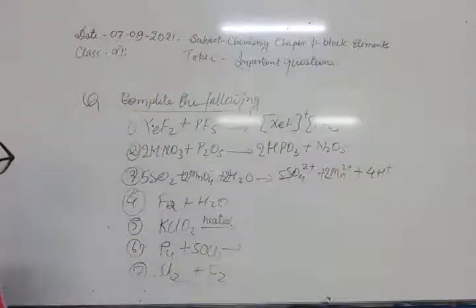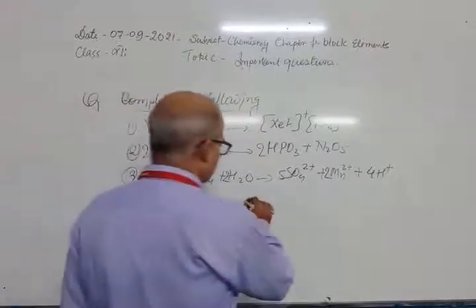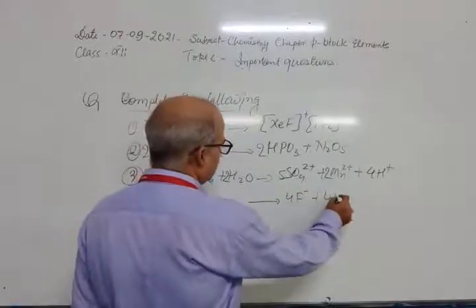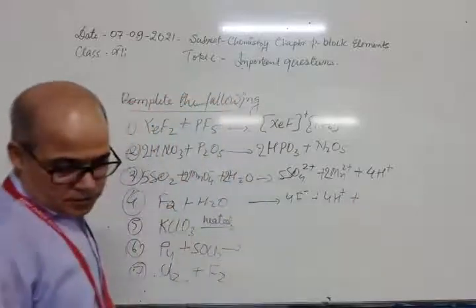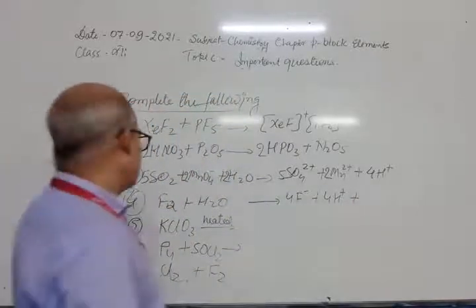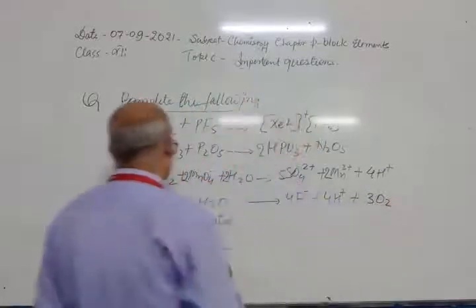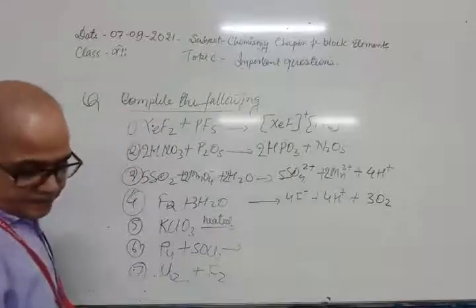Now reaction of F2 plus H2O. Here will be 4F minus plus 4H plus plus 3O2. Then here will be 3.